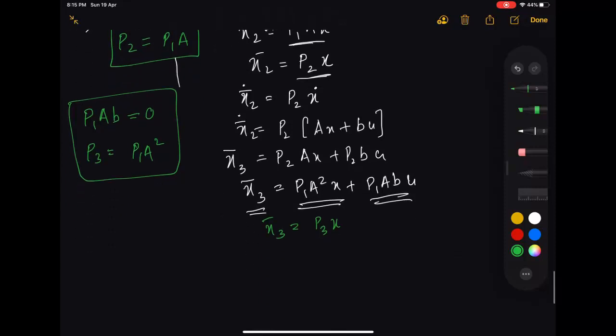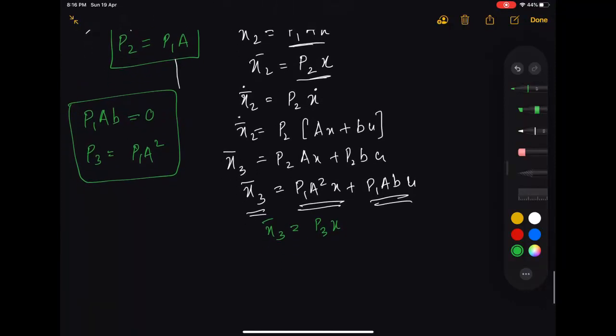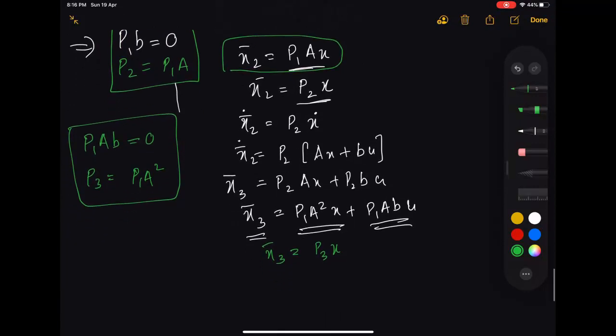You can continue this differentiation till the second last term. So let us look at the general equation that you'll get. In this case, you got x2 is equal to p1ax, and then you got x3 is equal to p1a square x.